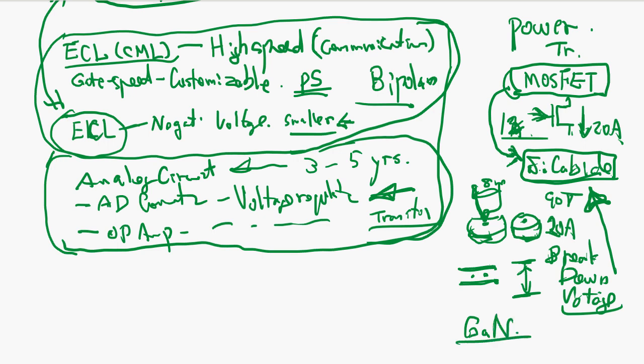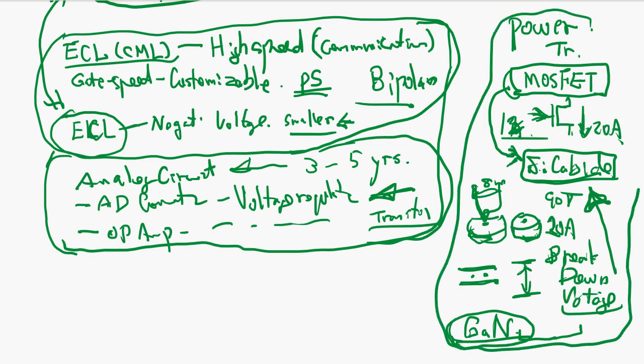Gallium nitride performance is as good as silicon carbide, but the process technology is still new. These are very hot areas right now. You know why? Because EV, electric vehicles, need those devices.